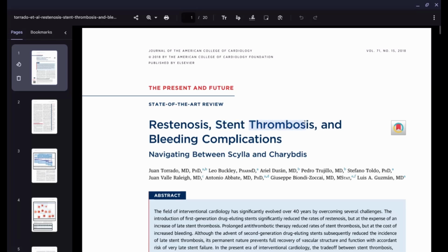So thrombosis, clotting, is also a complication. Many of the patients where this stent is implanted are at risk of clotting, so they typically give them some kind of anticoagulation treatment.